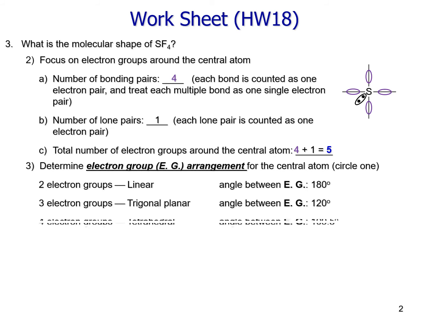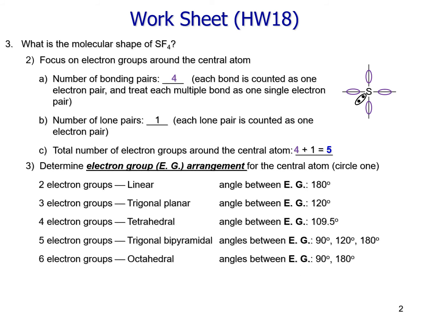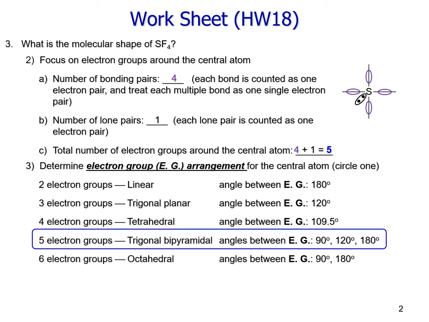What kind of electron group arrangement do we have? 5 electron groups result in trigonal bipyramidal, and we have ideal, or in our last lecture I called it typical, bond angles of 90, 120, and 180 degrees.